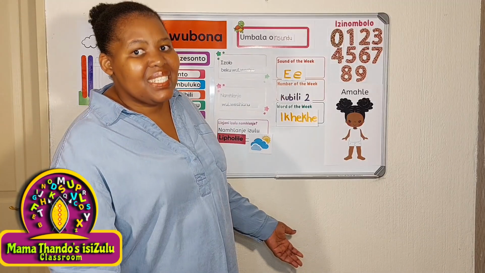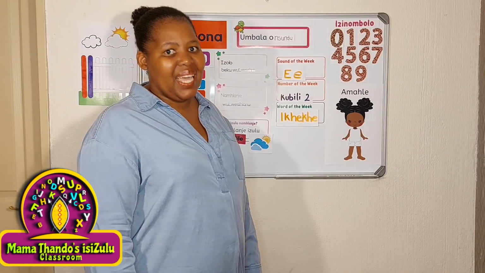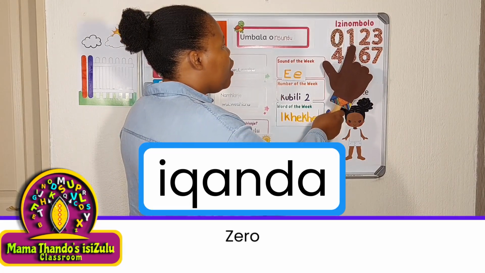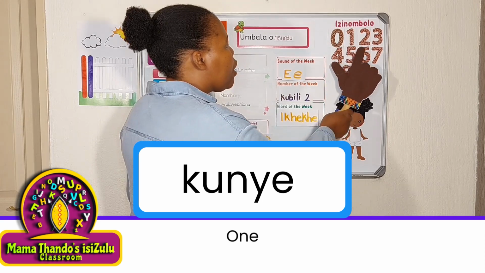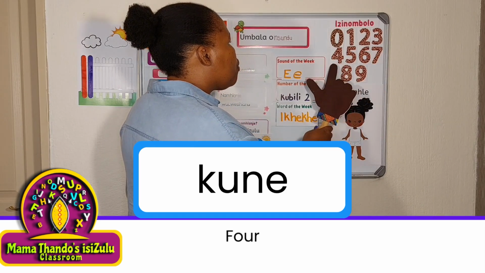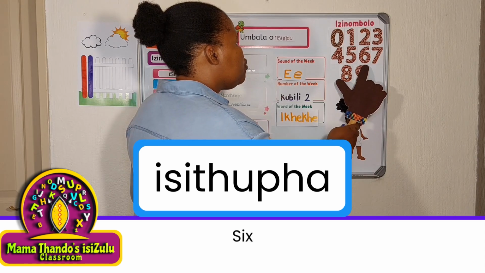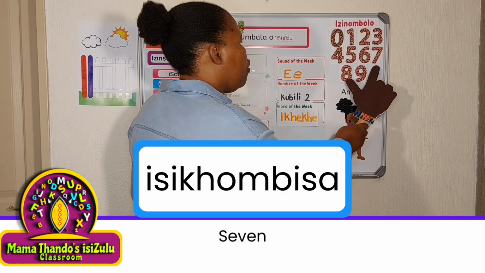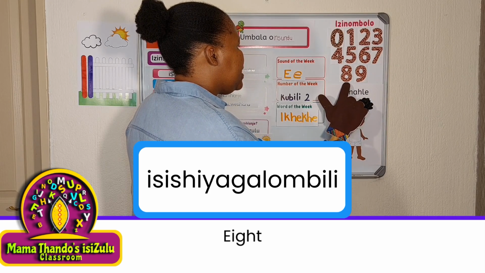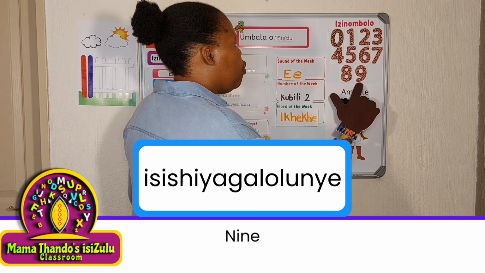Now let's say all of the numbers in isiZulu from 0 to 9 together. Iqanda, kunye, kubili, kuthathu, kune, kuhlanu, isithupha, isikhombisa, isishiya galombili, isishiya galolunye.